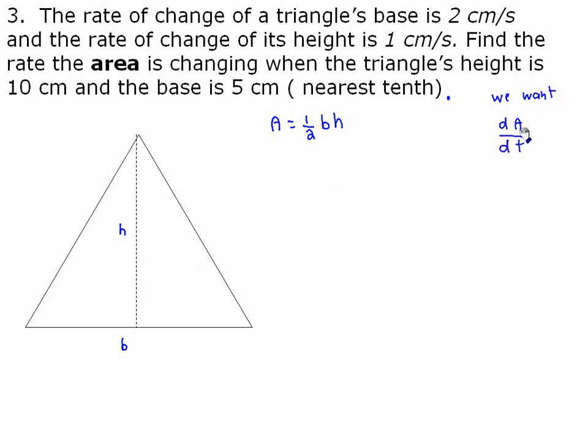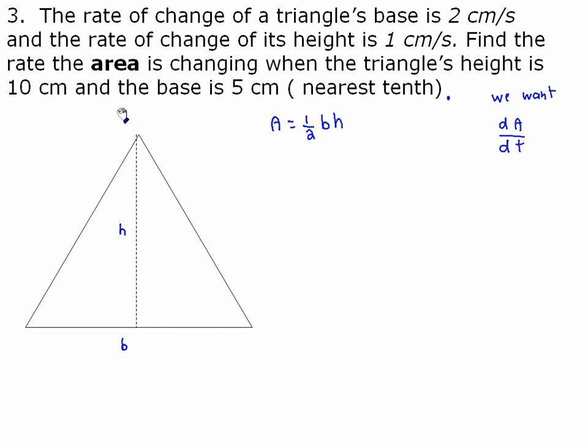So the rate the area is changing at those specific values, H = 10, B = 5. Repeat, do not plug in that H = 10 and that B = 5 into the original equation, because all you're going to get is the area at that particular moment, not the rate that it's changing. So you have to hold off. Don't plug in the 10 and the 5 until the time comes.